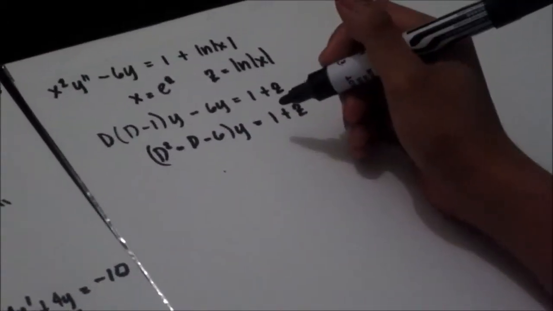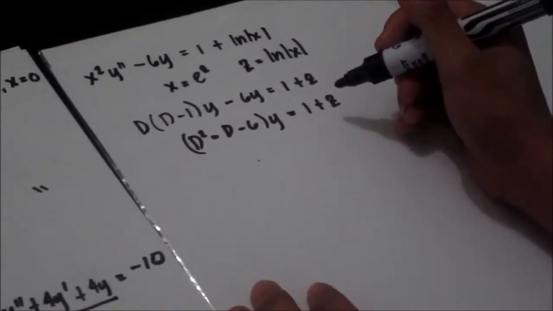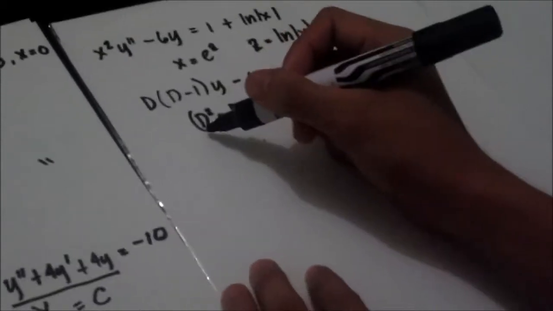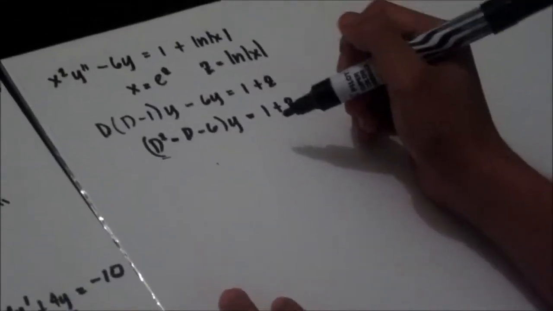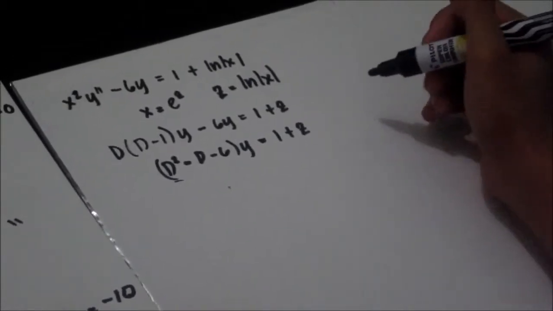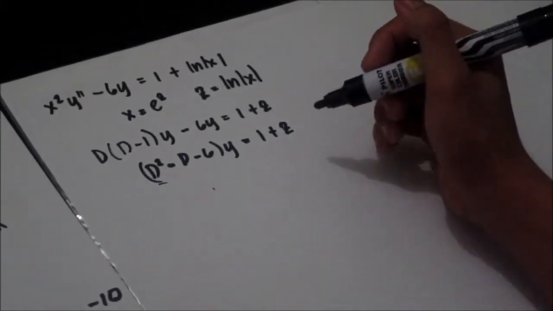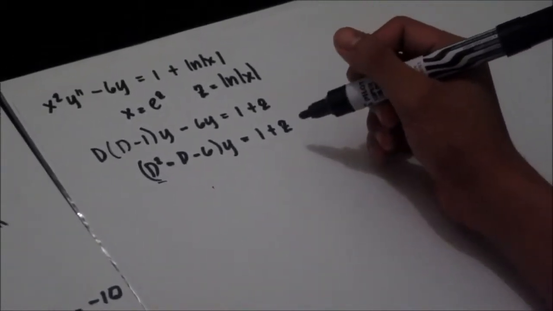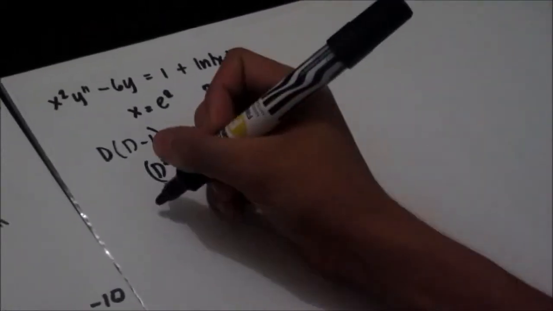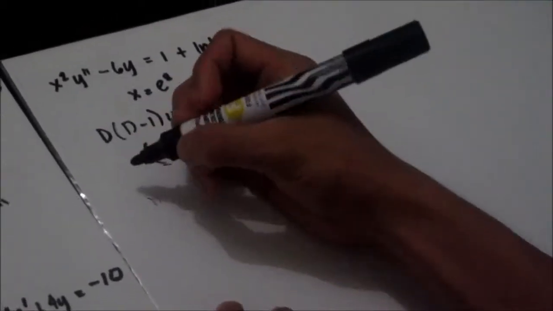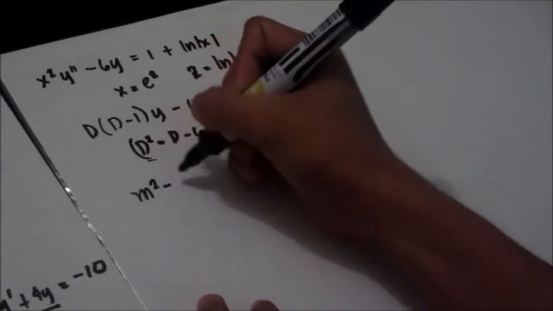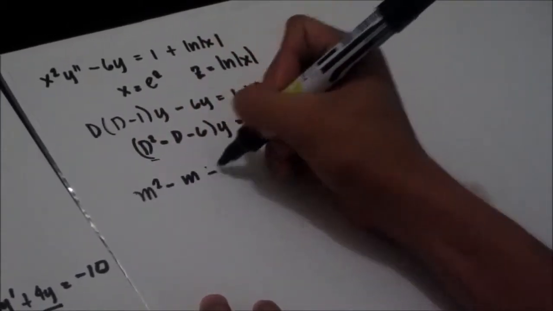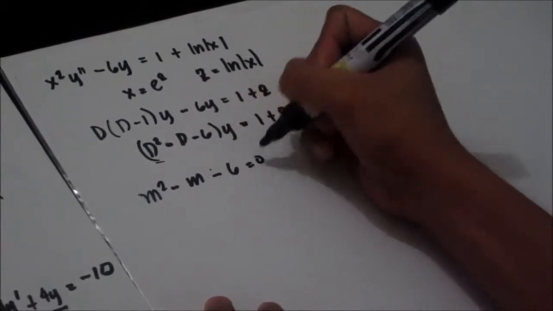Just like in the non-homogeneous differential equation, we will consider it as the homogeneous part, thus we will get its roots. And the same as getting roots from a homogeneous part of the differential equation, we will have m squared minus m minus 6 equals 0.